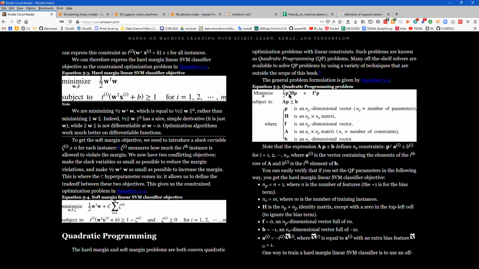Let's see, if it's a linear problem, then P is an N. I think H is the identity here because the problem looks like the one we just looked at: 1/2 W transpose W plus the sum of some slack variables.